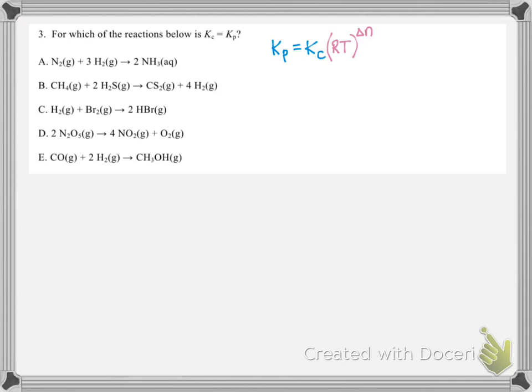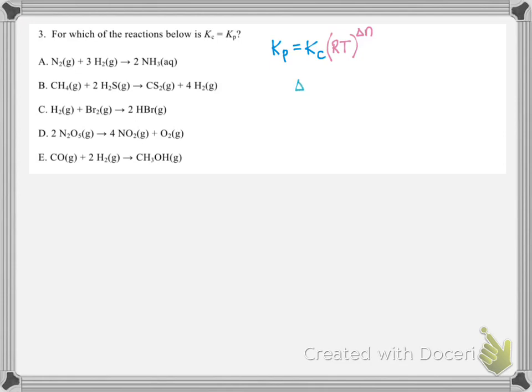For number 3, they're asking for which reactions Kc is equal to Kp. These are both equilibrium constants where we've used different units to calculate them. To switch between them, we have this equation where Kp is equal to Kc times RT to the power of delta n.